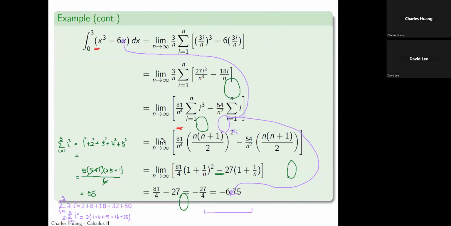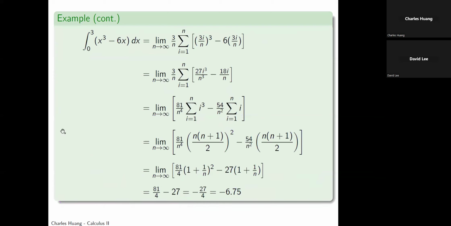Okay, so the next part here is a little bit messy. Once we have that, we need a few more rules to simplify this. But first, we can cube this, right? And multiply 18 in. So I multiply 18 in, and I cube every single term. I get 27 i cubed n cubed.